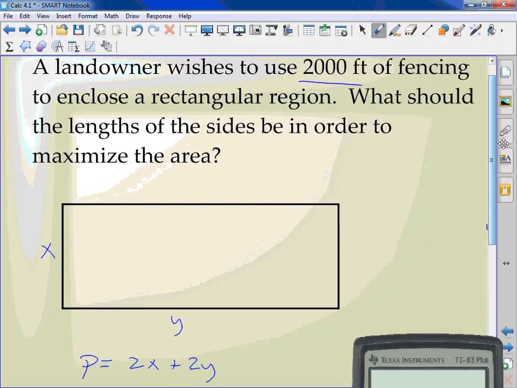What are we trying to find in this problem? What are we trying to do? Maximize the area. So how do I find area of that shape? Length times width. So in this problem, it would be x, y.